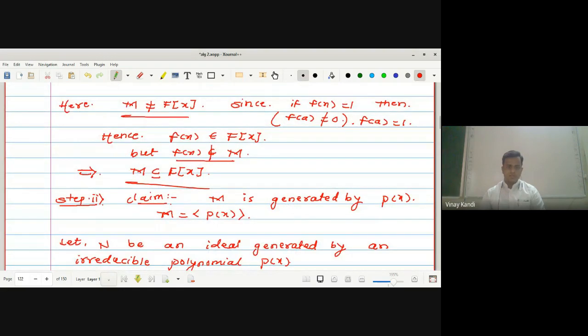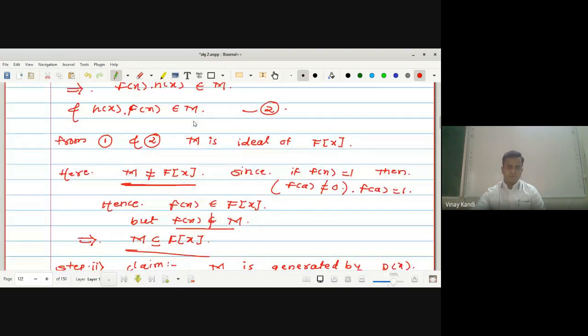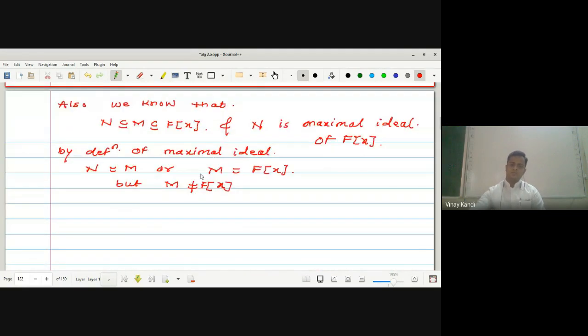Okay, look here. M is not equal to capital F of x, like question number third.